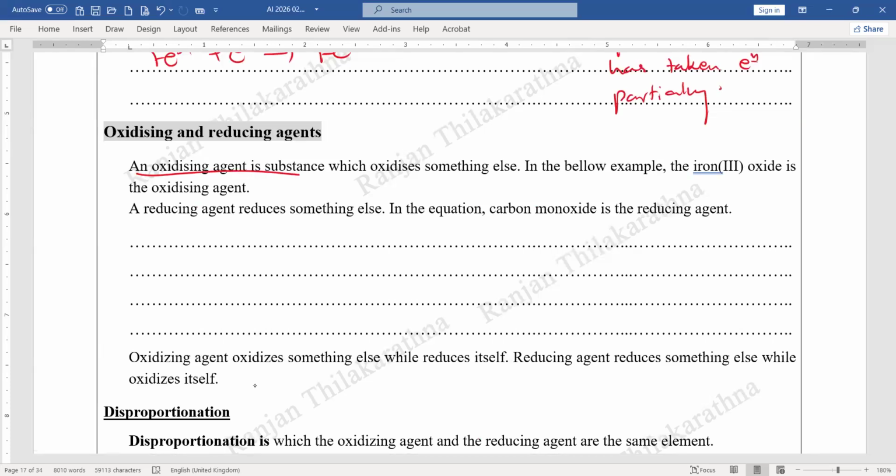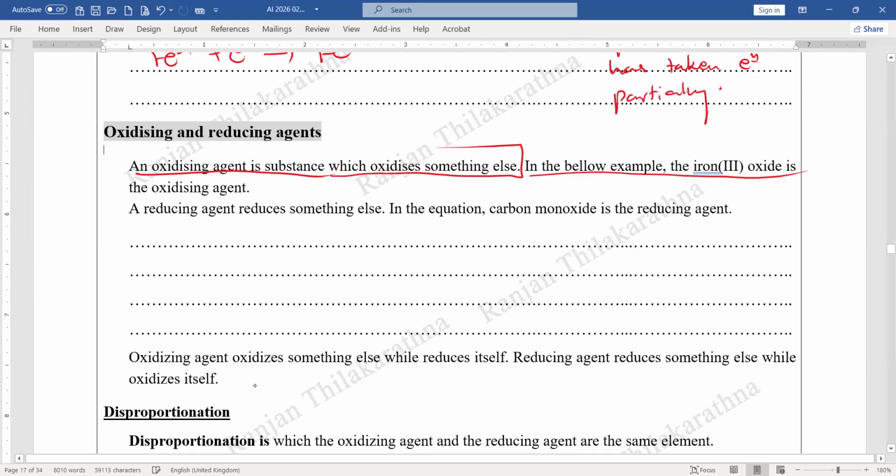An oxidizing agent is the substance which oxidizes something else. Itself will reduce, but something else will be oxidized. An agent helps someone else to oxidize. In the example below, iron(III) oxide is the oxidizing agent.